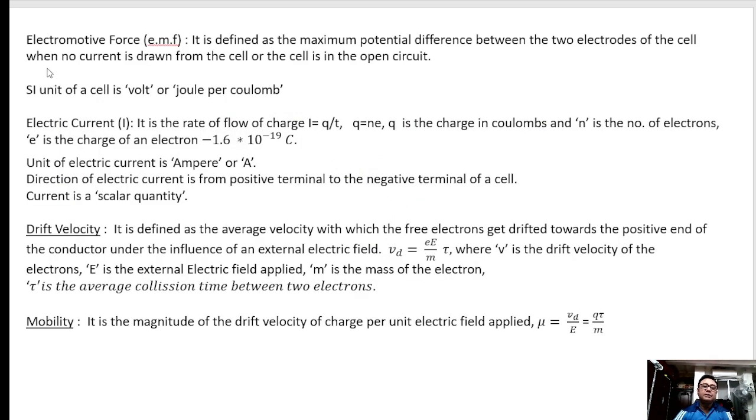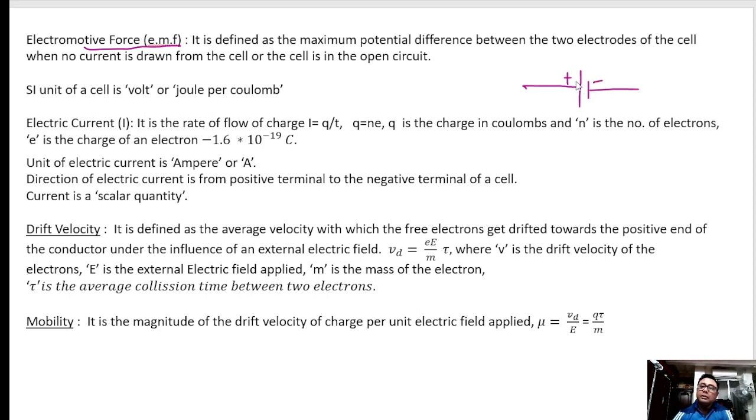First of all, let us introduce the term electromotive force, EMF. What is it? For example, this is a battery in an open circuit, that means I have not connected anything. This is the positive, this is the negative.